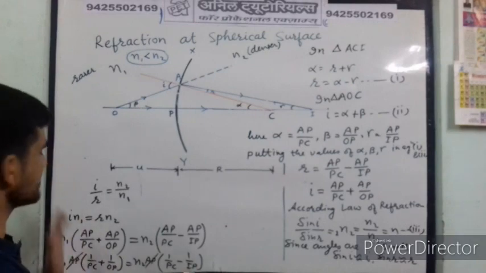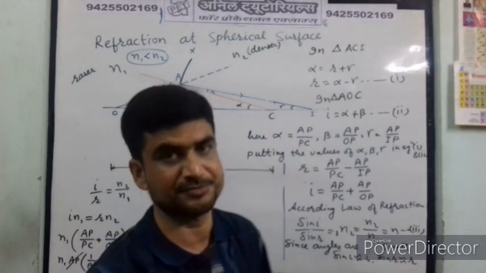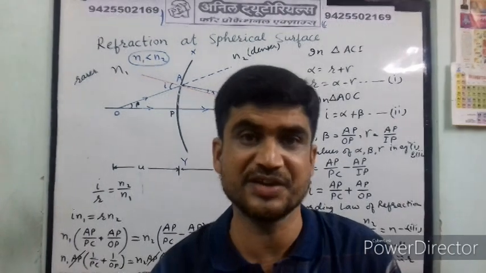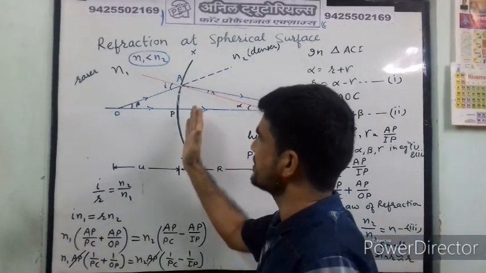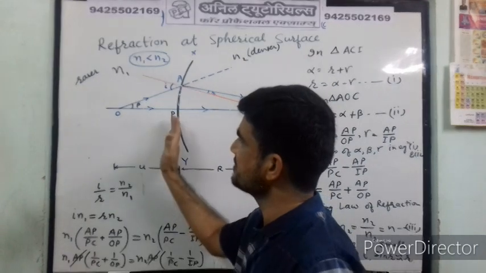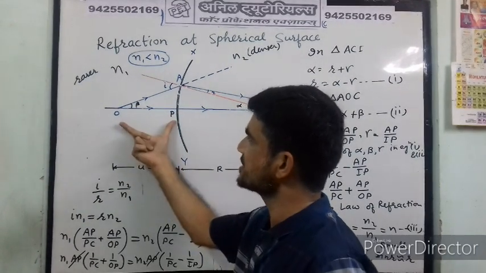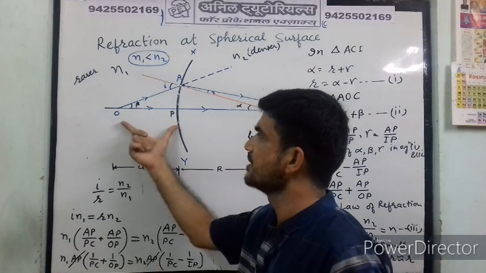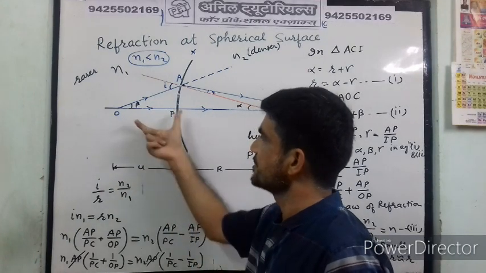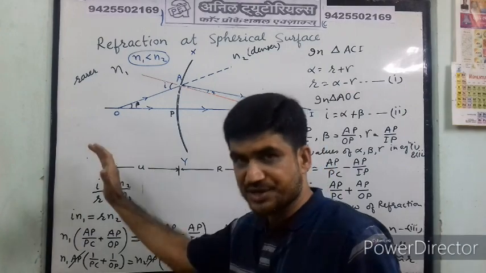Now we shall put the values of PC, OP and IP according to the sign convention. You know, when anything is kept on the left side from P, that will be considered negative. So OP is considered negative. OP is u, so u is considered negative.